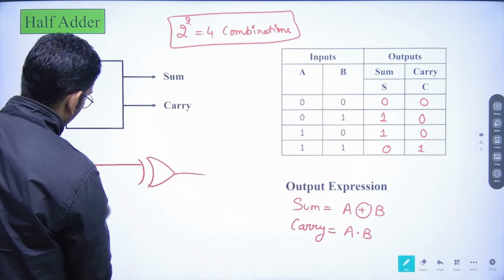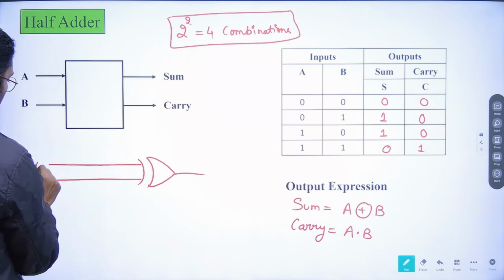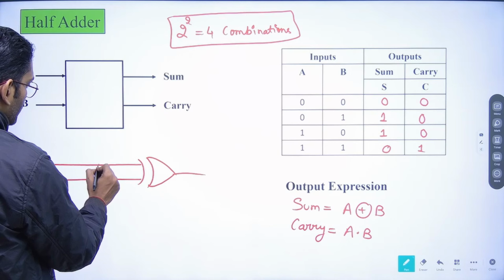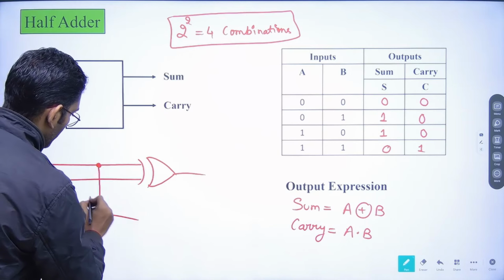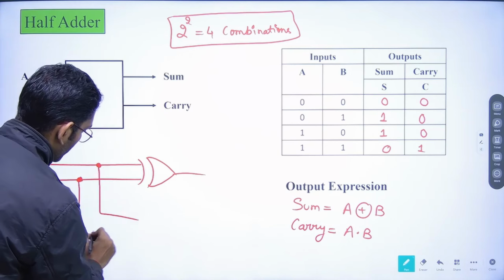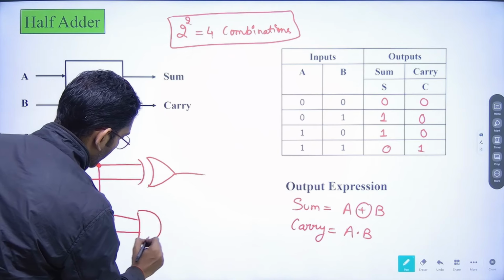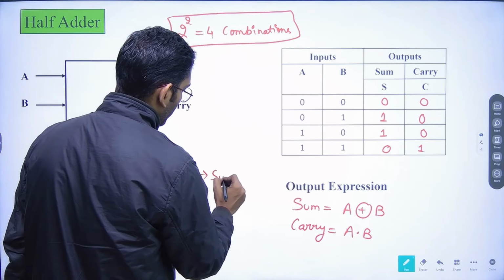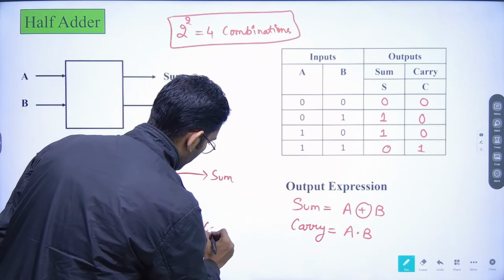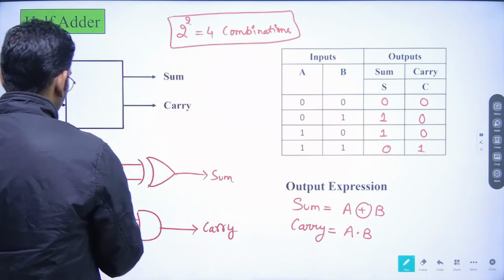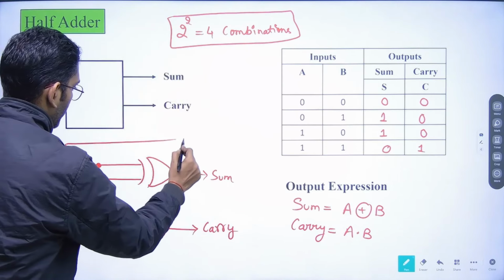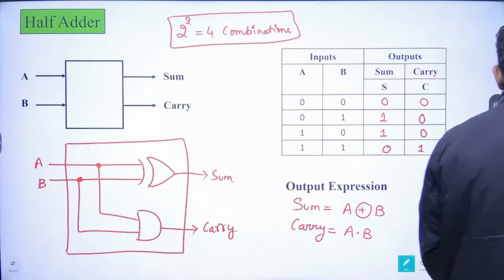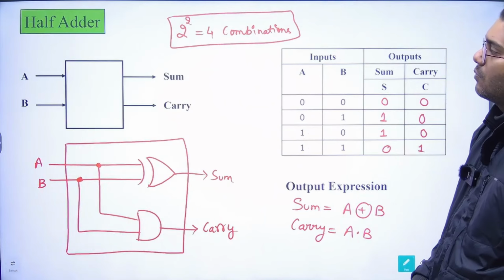A XOR B, and A dot B. So this would give us the sum part and this would give us the carry part. This can be put into a particular block. So this is the basic diagram of the half adder.